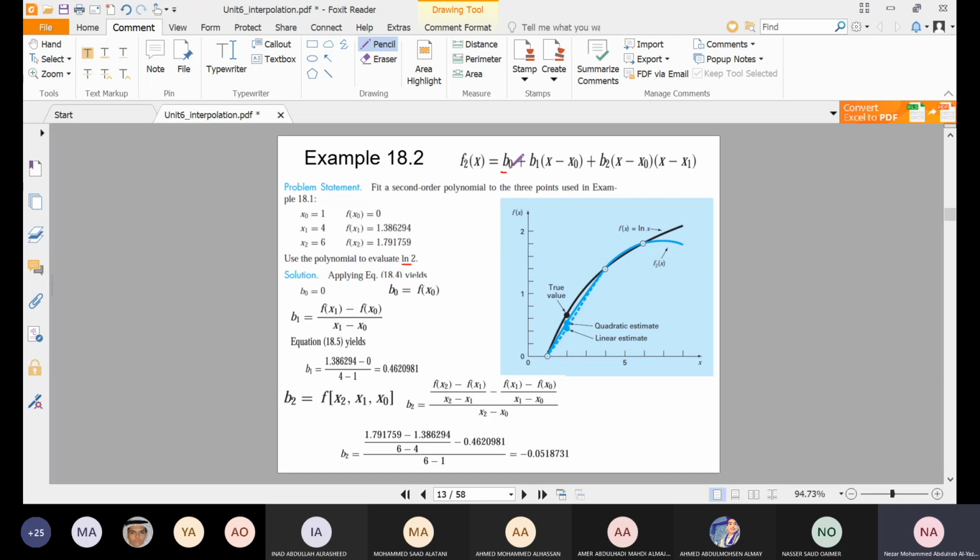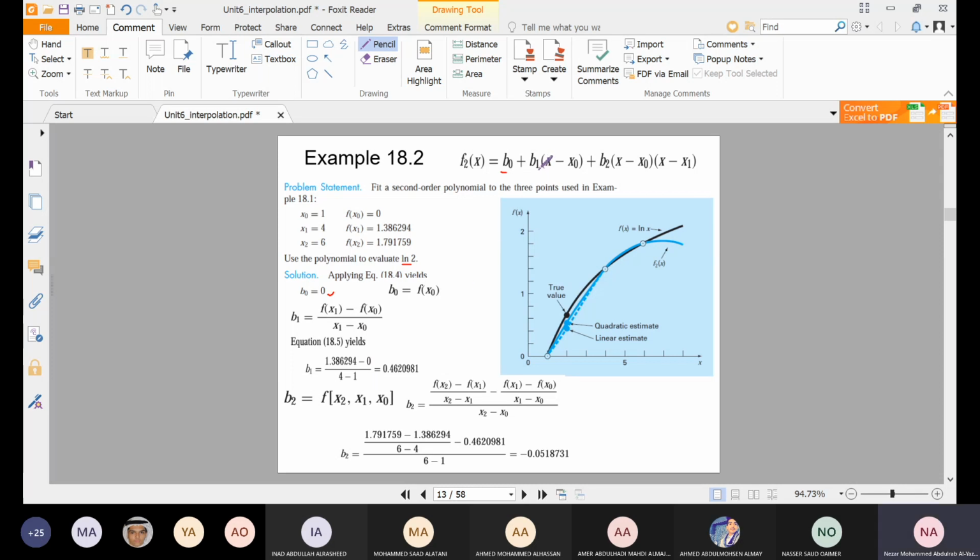So b0 is nothing, just the function at x0, so b0 equals f of x0, and this equals 0. b1 is just the slope, the first divided difference, so it equals f of x1 minus f of x0 over x1 minus x0.